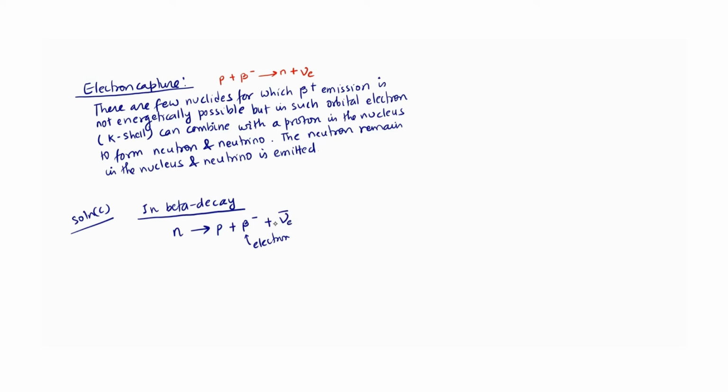So I'm writing, during beta decay, during this process, electron is ejected from the nucleus.